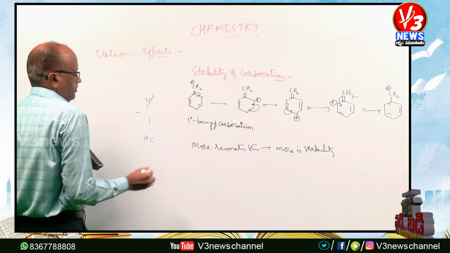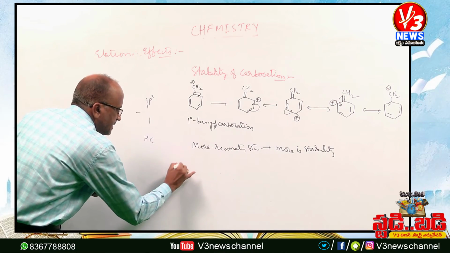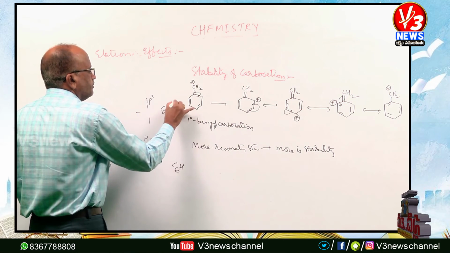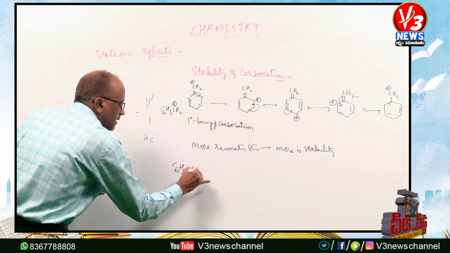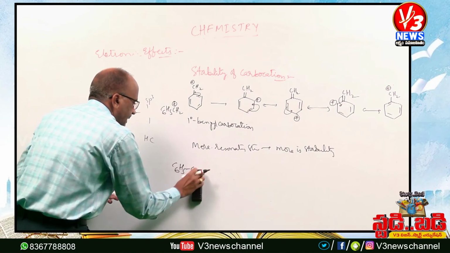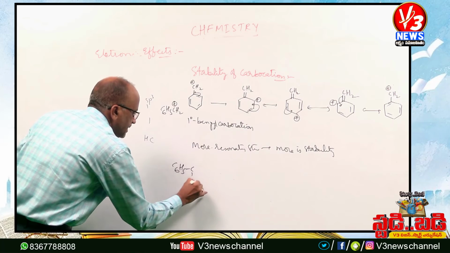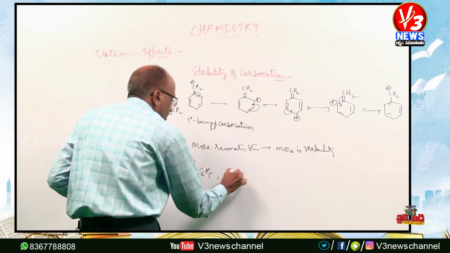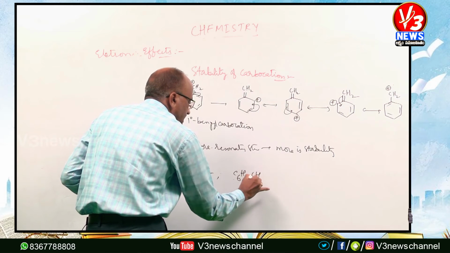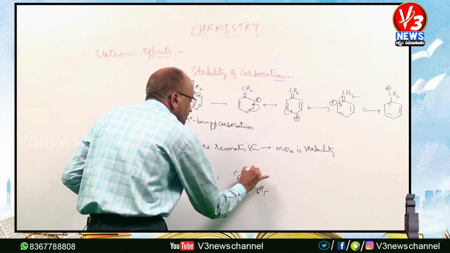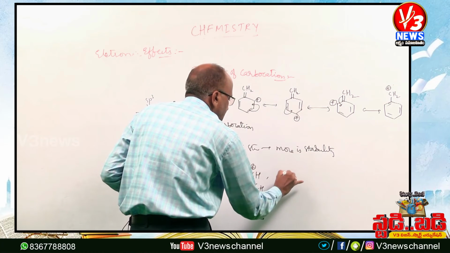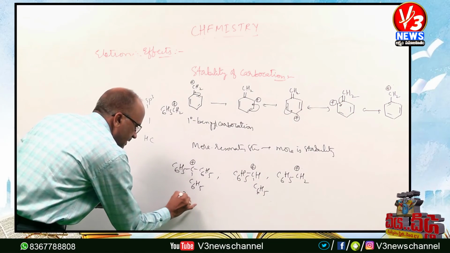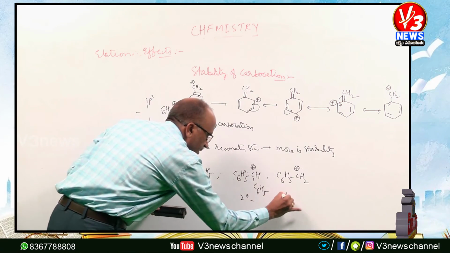So, if we take C6H5, this is also written as C6H5CH2 plus, C6H5 CH plus, or we will take tertiary C6H5 C plus, C6H5 CH C6H5 plus, C6H5 CH2 plus. This is tertiary benzyl, secondary benzyl, primary benzyl.